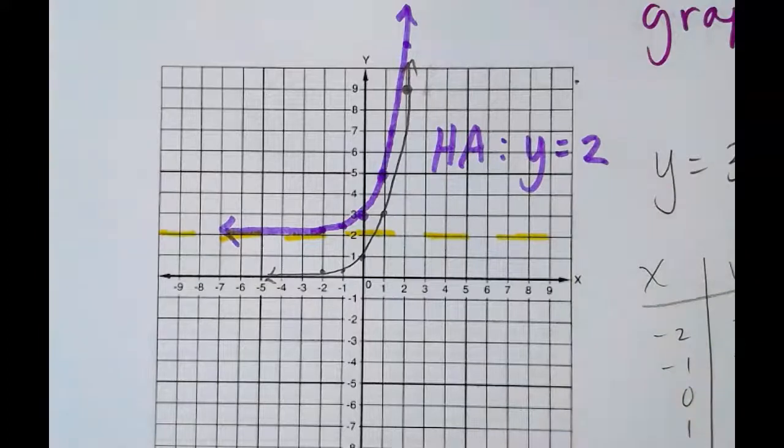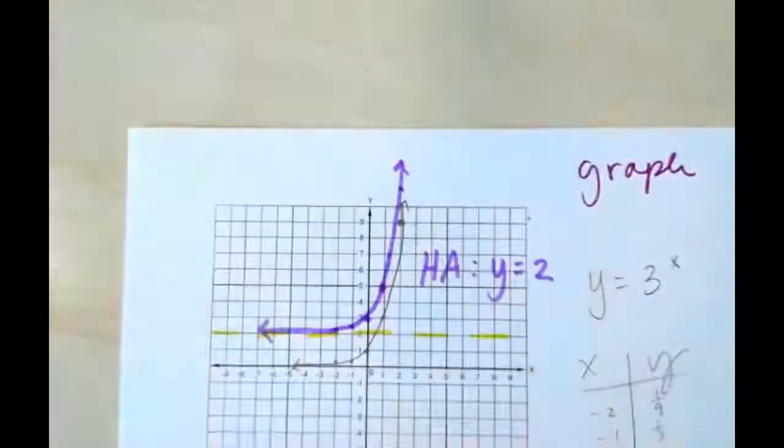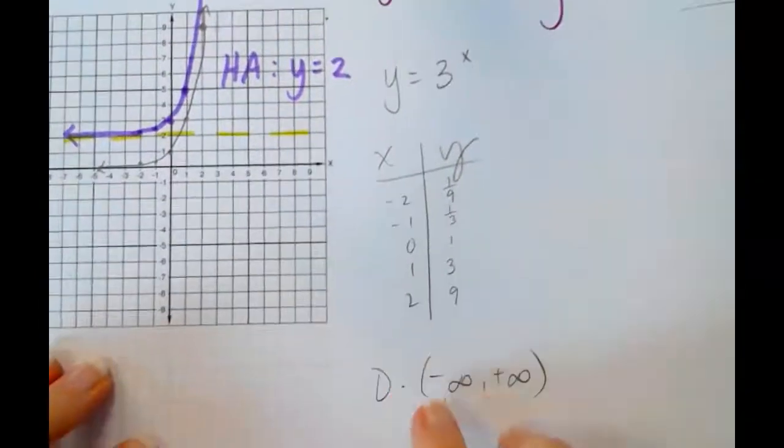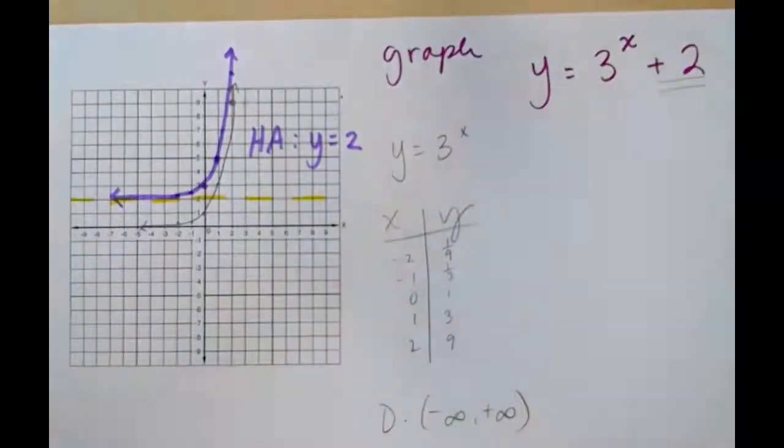Now, the one thing I did not put, let's go back here and let's finish off that domain. What I gave was the domain for the parent function. Is the domain anything different for the real answer?